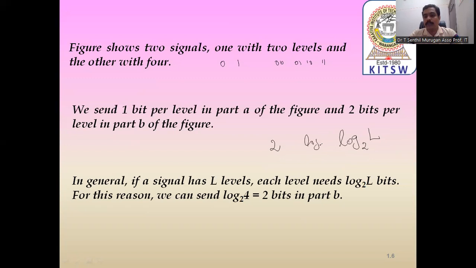Log 2 L, where L is 2, so 1 bit is required for representing 2 levels. What about 3 levels? Not possible, because 3 is not a power of 2. The number of levels should always be 2 power n, where n is the number of bits.